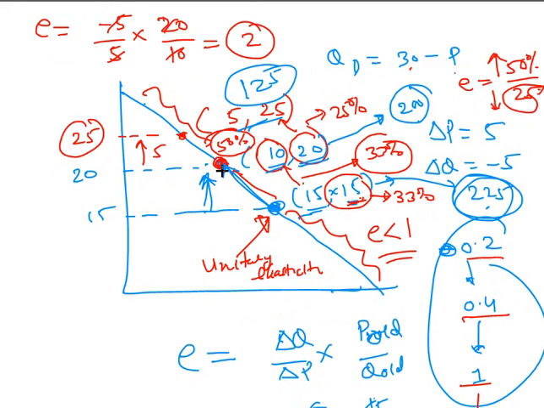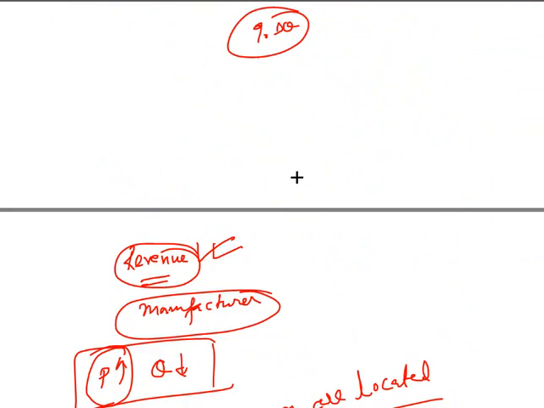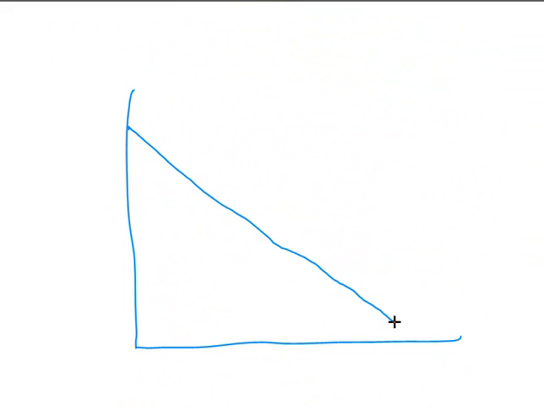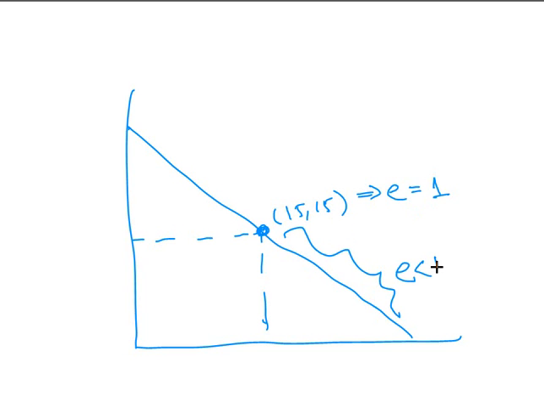So what we see is that up to some point your revenue is increasing. And what is that point? That point, if you remember, is 15-15, but this 15-15 was nothing but the point where your elasticity is less than 1. This is the area where elasticity is less than 1.